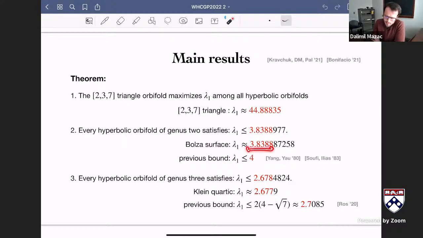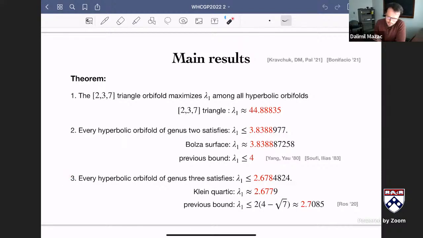It agrees with the bound to about 4 decimal places. And our method beats the previous bound, which is this Yang-Yau bound, which was 4. But I should say that the Yang-Yau bound actually applies to all genus 2 surfaces, not just hyperbolic ones. So it's not surprising that we should be able to do better.